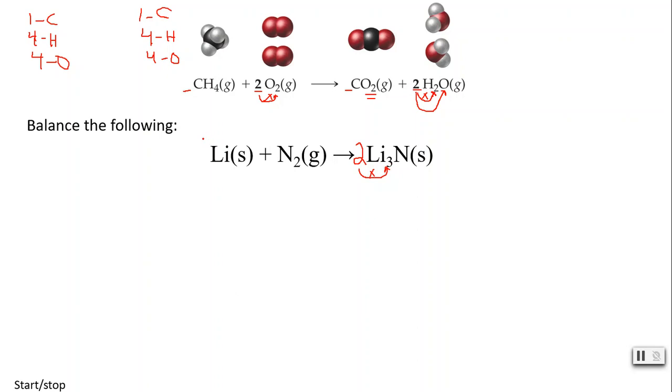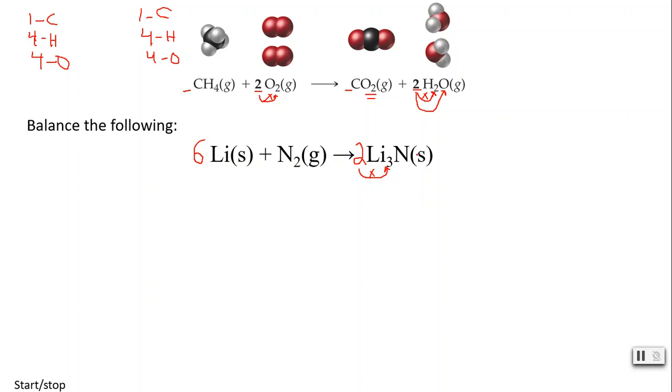So what coefficient is going to go out front? A 6. So now I have a balanced chemical equation. I have 6 lithiums. I have 2 times 3, 6 lithiums. I have 2 nitrogens, 2 nitrogens. So that's our first balanced chemical equation.